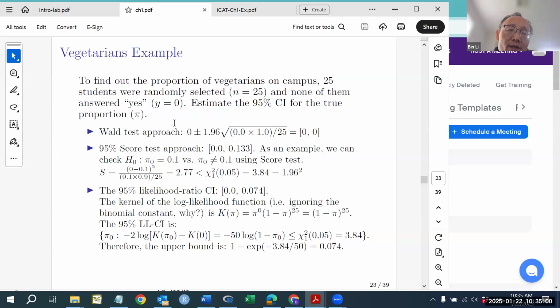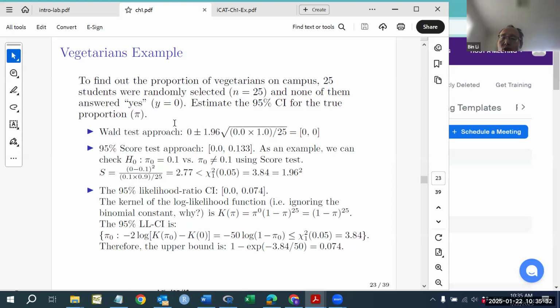To find out the proportion of vegetarians on campus, we asked 25 randomly selected students, and none of them answered yes. We want to find the 95% confidence interval for the true proportion of vegetarians on campus.